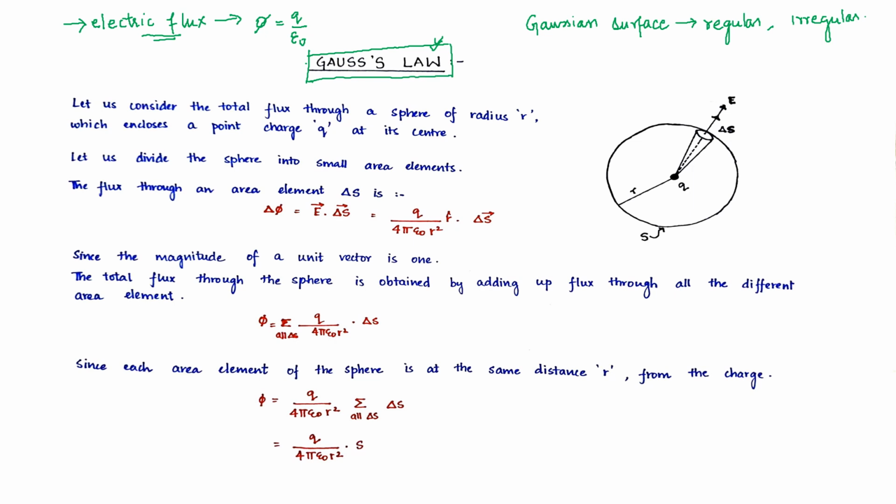For understanding Gauss's law and deriving the formula, we have taken one sphere. This is the sphere which we have taken, which has a radius of r, and there is a charge q placed at the center.